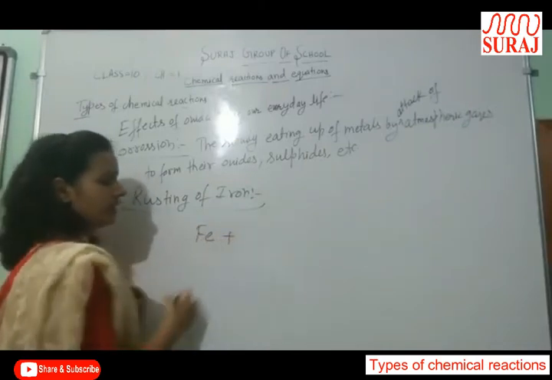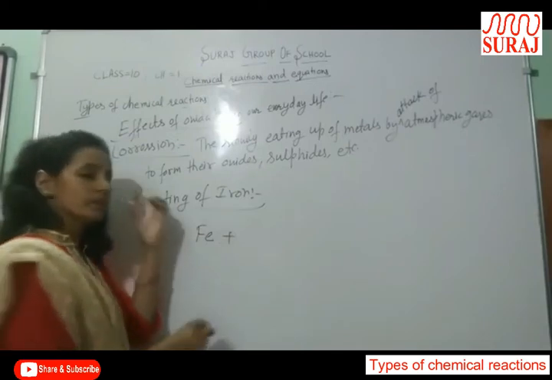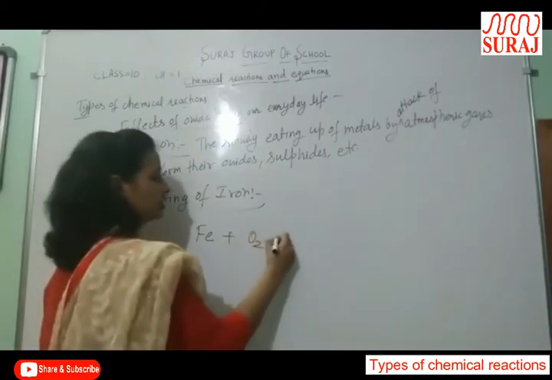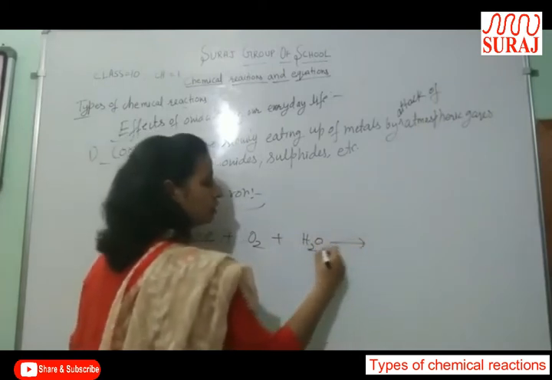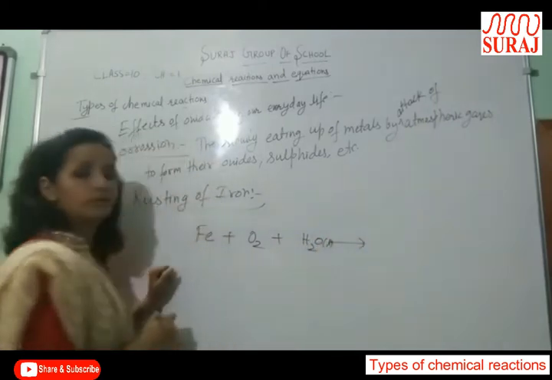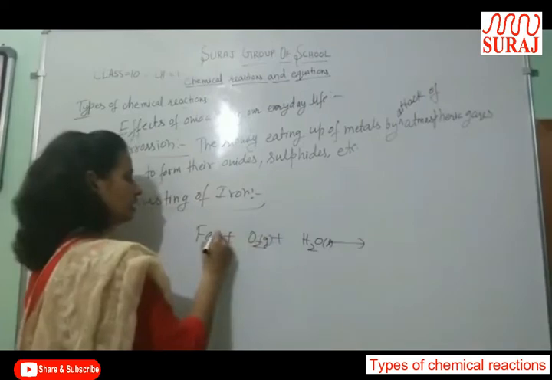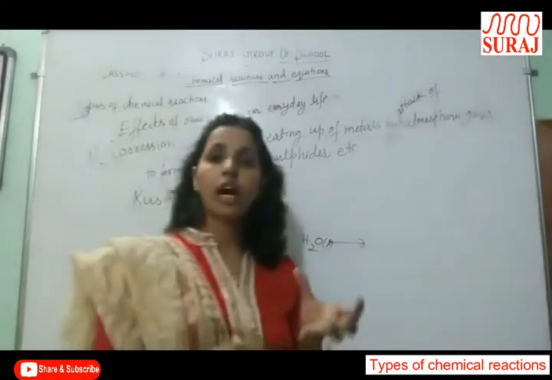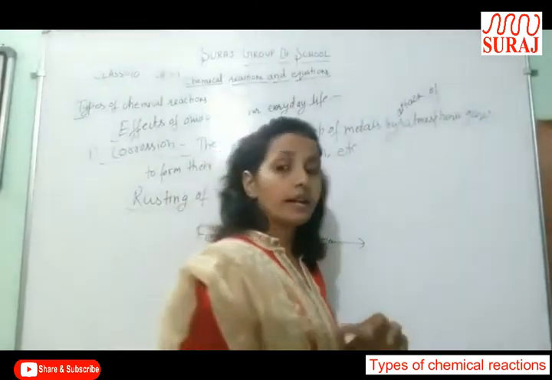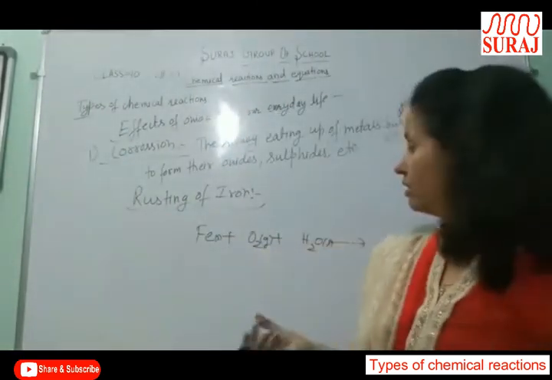Iron reacts with atmospheric oxygen and moisture, water. Moisture is liquid, water; oxygen is a gas; iron is in a solid state. Any iron article, like a tawa or an iron nail.